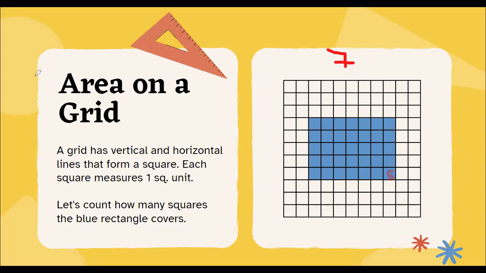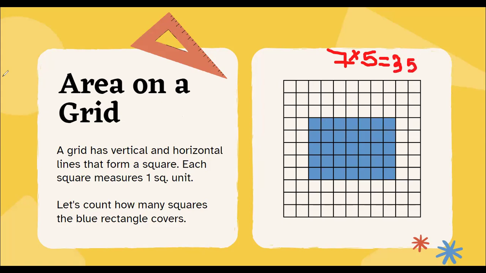Now write 5 over here. Now when I multiply these, what will be the answer? What is 5 into 7? Tell me, guys. It's 35. Okay, very nice. So 35 squares are there.